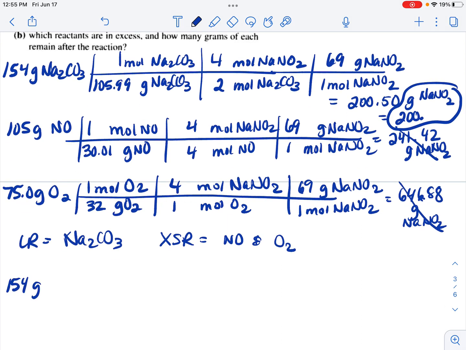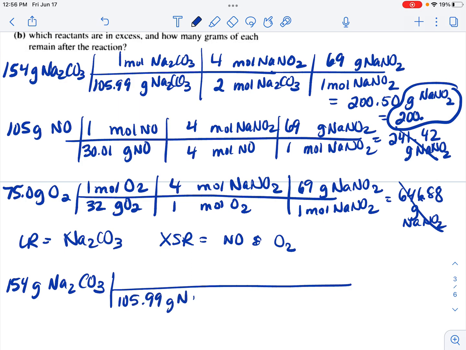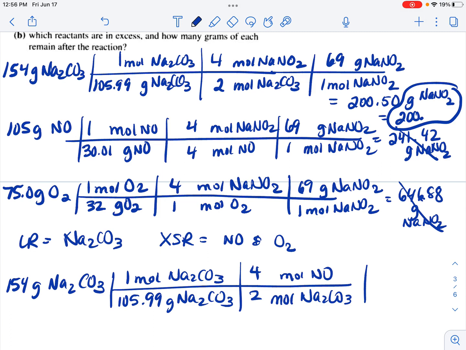So I'm going to say 154 grams, and this gets really cumbersome. I'm going to go grams to moles of Na2CO3, and I'm trying to figure out how much NO I'm going to use. So this is moles of Na2CO3 to moles of NO from my equation, 4 NOs to 2 Na2CO3s.